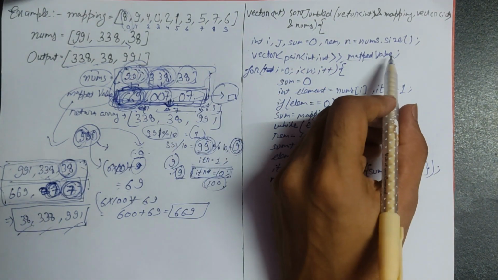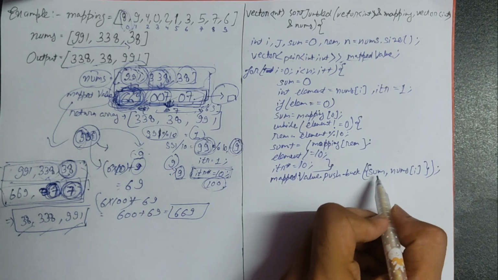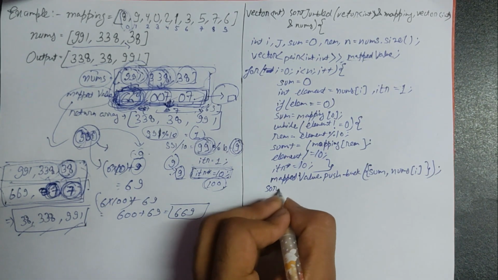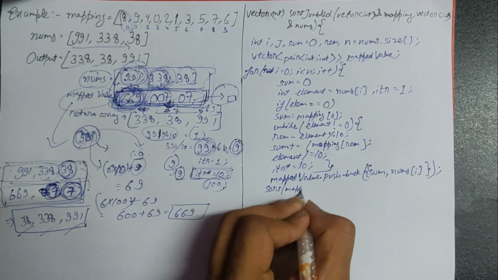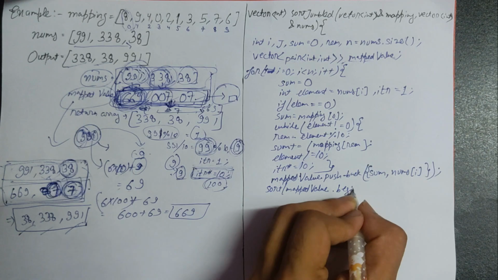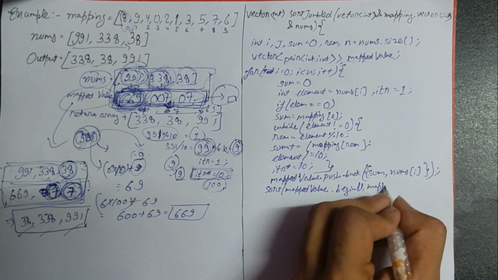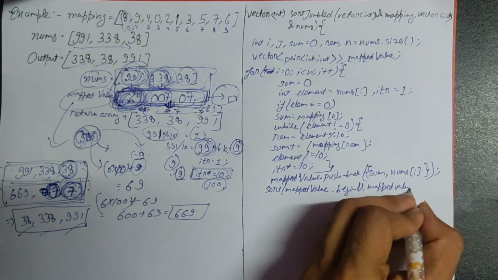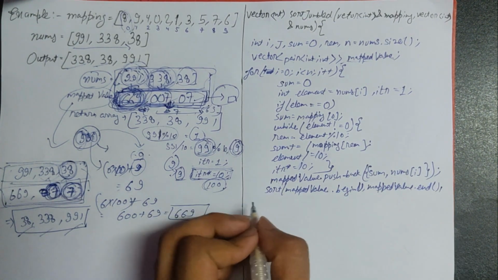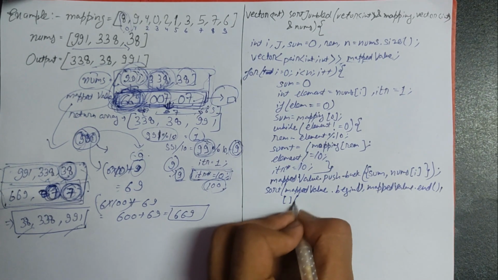Okay, so now what we have to do is we will simply sort this mapped value vector on the basis of the first value. For that we will use a lambda expression. So let's write the code for that also. So we will sort mapped value dot begin, mapped value dot end, and after that the lambda expression, we don't need to take any other parameter in this.